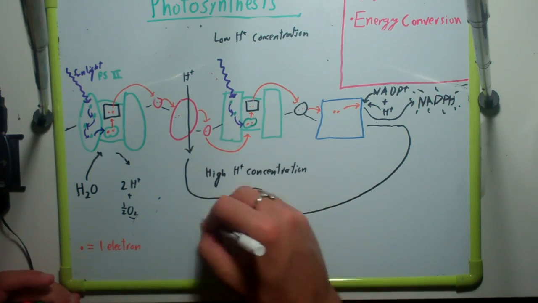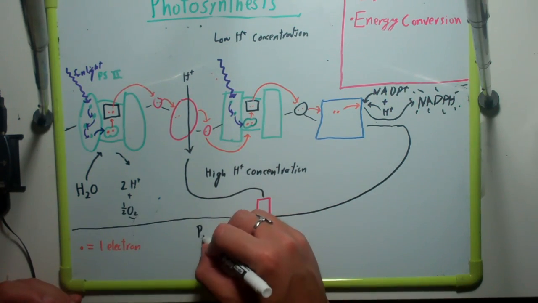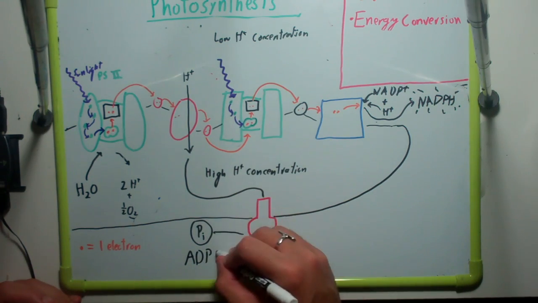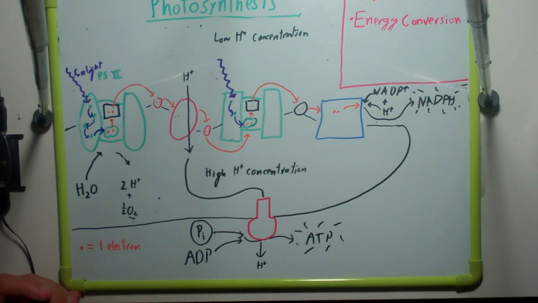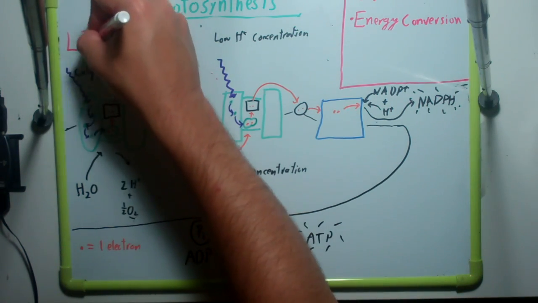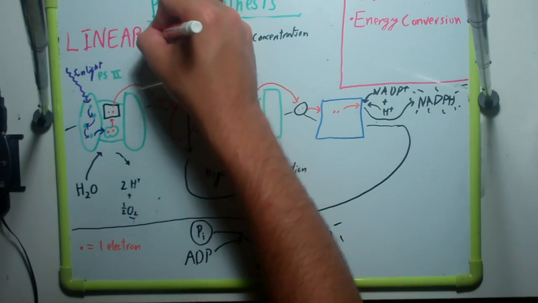The energy of its flow will then be used to combine inorganic phosphate with ADP molecules to create ATP, which is the general energy unit of cells. And ATP too will be going on to the Calvin cycle or dark reaction, because photosynthesis is very multifunctional, and I'll write that up there in a minute.